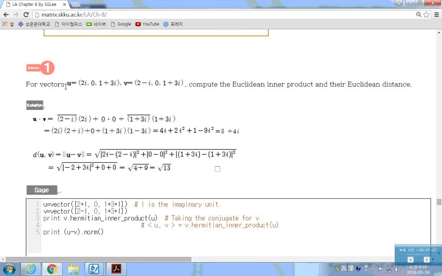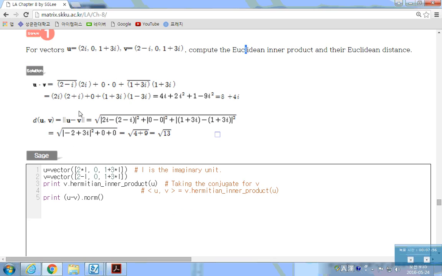Okay. Given two vectors, compute the Euclidean inner product and their Euclidean distance. So the Euclidean inner product of U and V is defined with what? V1 hat times U1, V2 hat times U2, V3 hat times U3. Okay? So that can be found as 8 plus 4i.